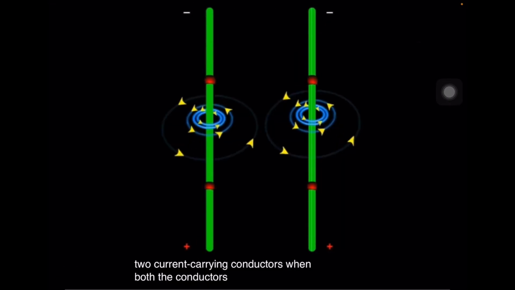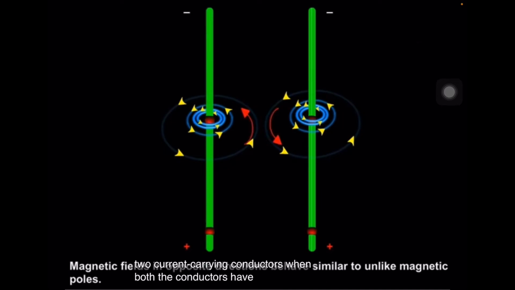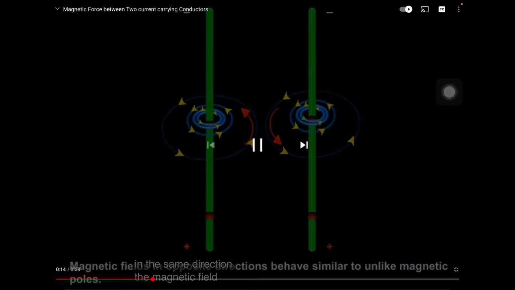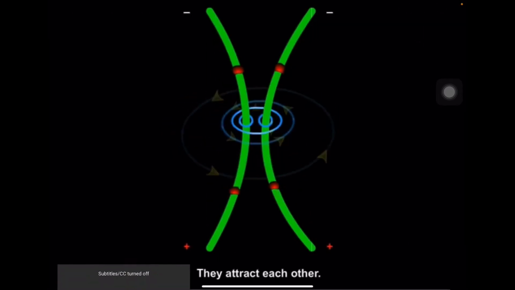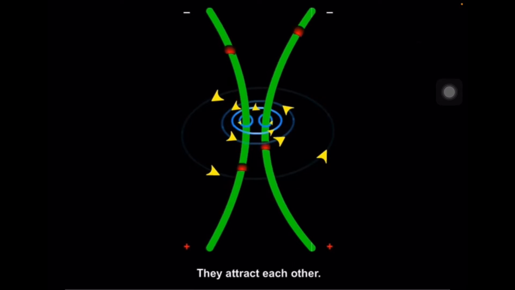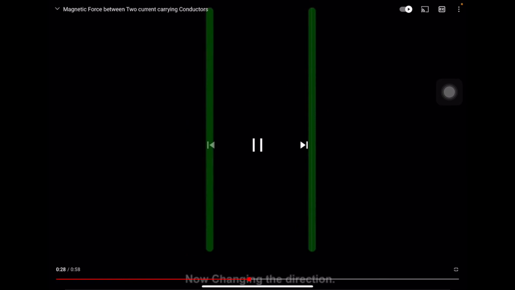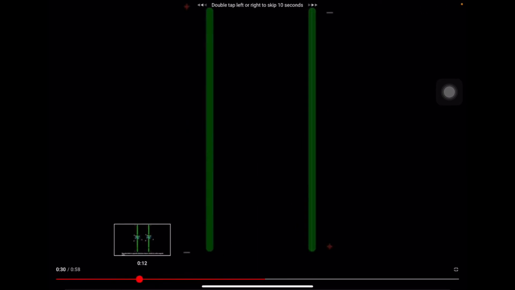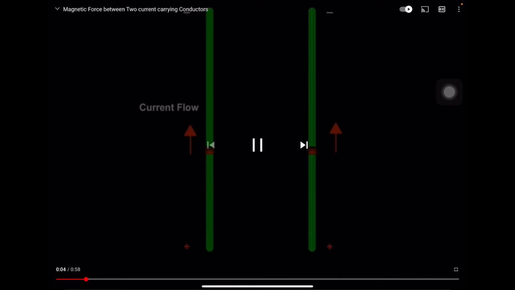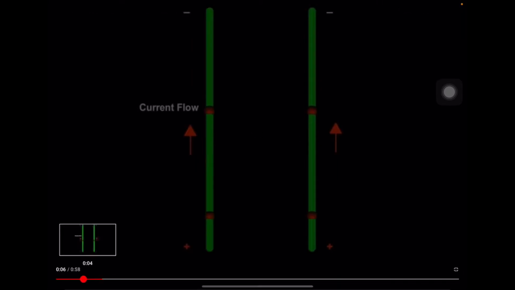When both the conductors have current flowing in the same direction, the magnetic field in between the two conductors is created in the opposite direction. The north and the south poles so created attract each other, and the two conductors are drawn towards each other. Maybe I'm going to rewind a little bit. When the flow and attraction between two current carrying conductors. Magnetic field and attraction between two current carrying conductors.